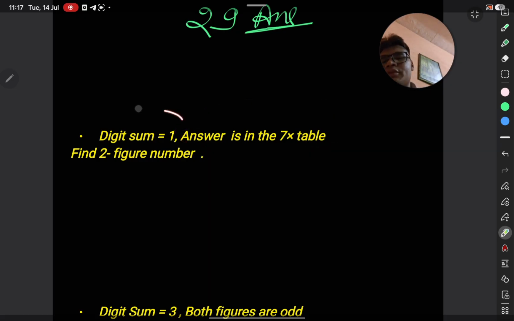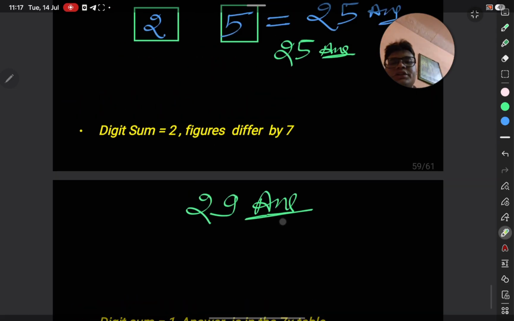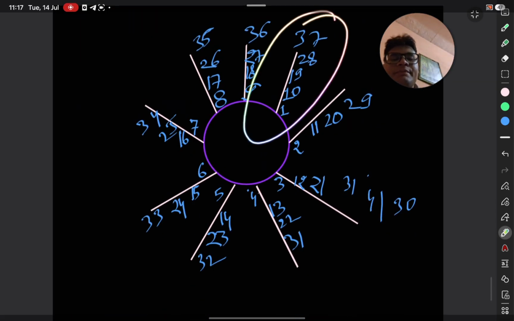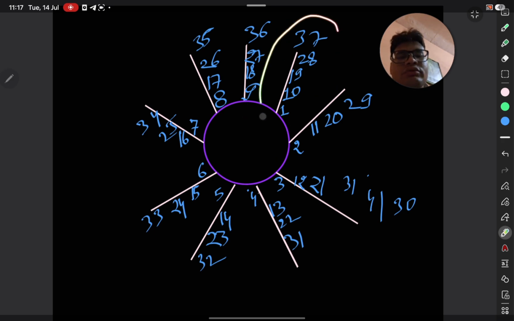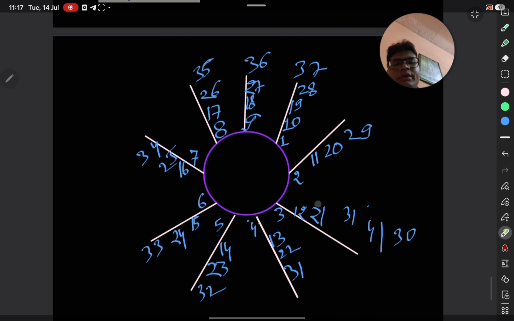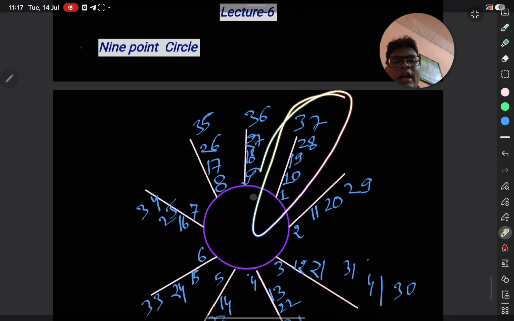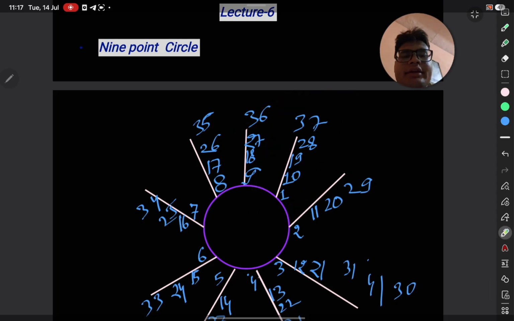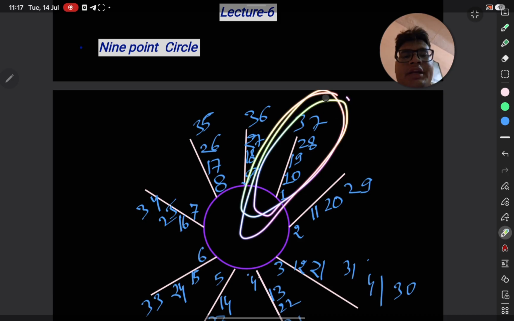So we have to choose digit sum 1. Here is the branch which has digit sum 1, and the first condition is that the digit sum will be 1. All the numbers lying on this branch have digit sum 1, so the first condition is satisfied by all these numbers.